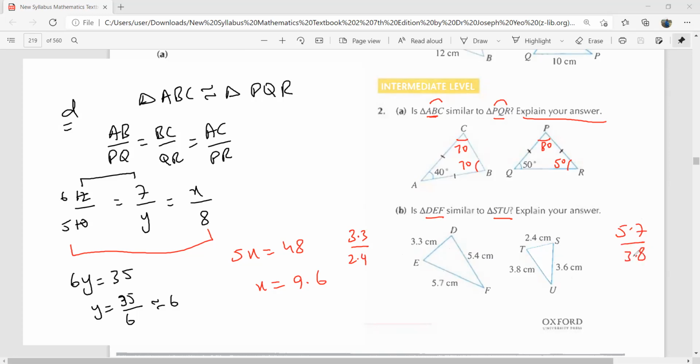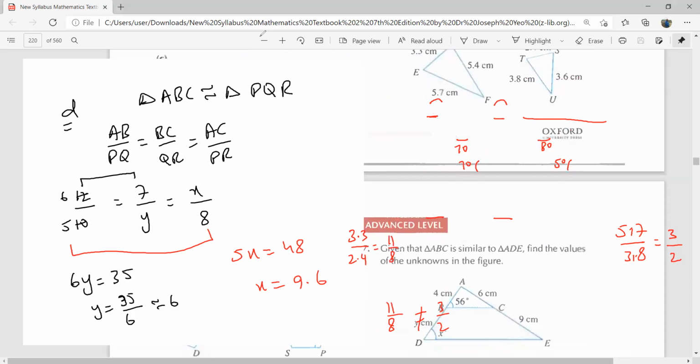You have to check if these two ratios are same. If they're same, then we'll check for the third, the medium sides. Okay. Now you can remove the decimal, and this is going to be 11 over 8. Okay. And this one, I think, is going to be 3 by 2, since 19 threes are 57, 19 twos are 38. So since this 11 over 8 is not equal to 3 over 2, therefore the two triangles are not similar. Okay.